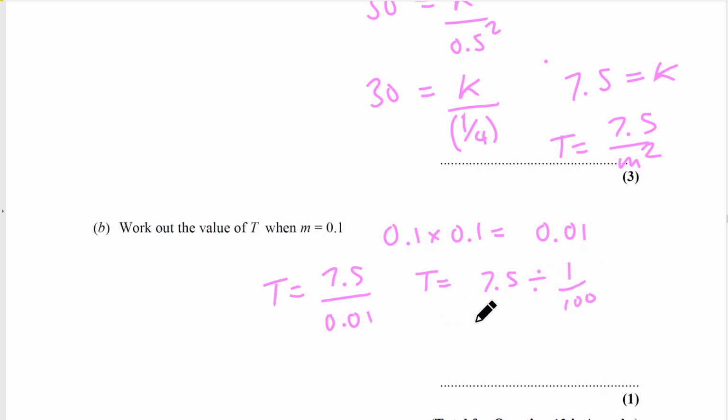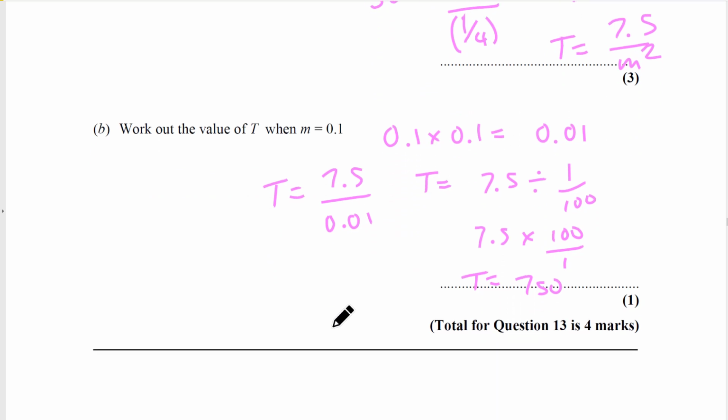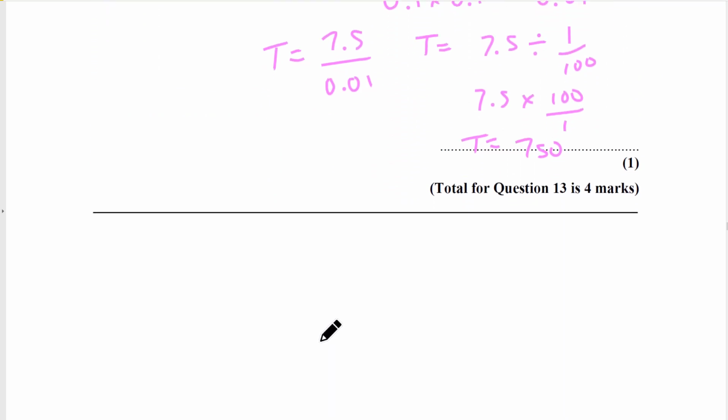Okay? So keep, change, flip. So t is going to equal 750, or times by 100, if you know that. But remember, when you divide by a fraction, the number gets bigger. That would probably catch some people out.